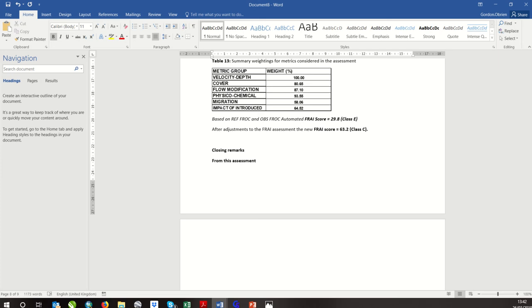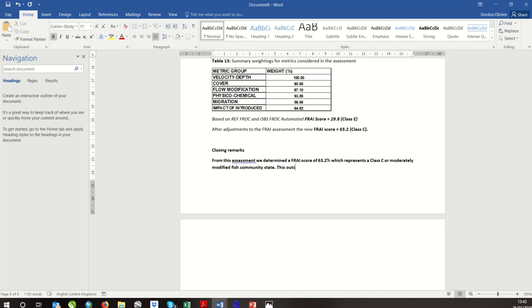From this assessment, we evaluated, we determined a FRAI score of 63.2%, which represents class C or moderately modified fish community state.